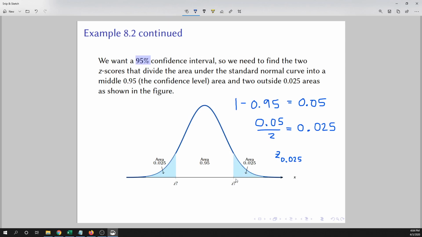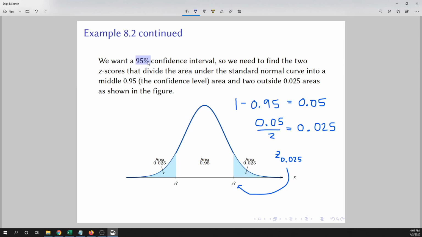That would be exactly this z-score here, and that's going to be important because we'll see that notation later when we come up with the formula for the confidence interval.